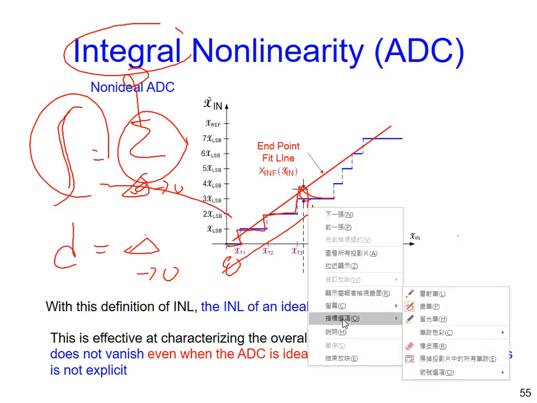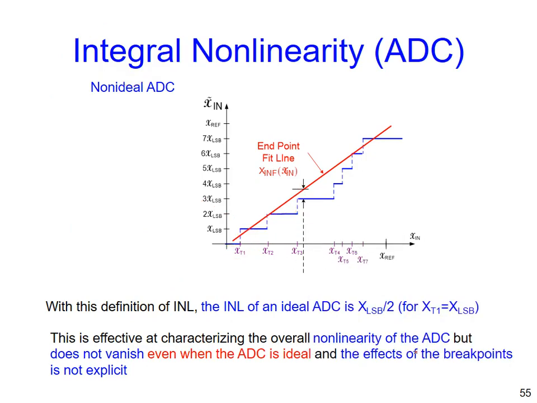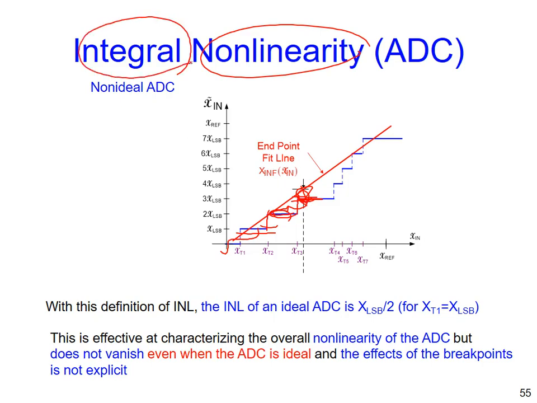If I would like to check the difference, the error, here the red line is ideal. And what is the real result? Actually here, right? And how to get this value, because it is on top of that, and that is on top of the others, we need to sum it up. You have to add them up, all the way to here, and then get the difference. This is the reason why we call it integral.